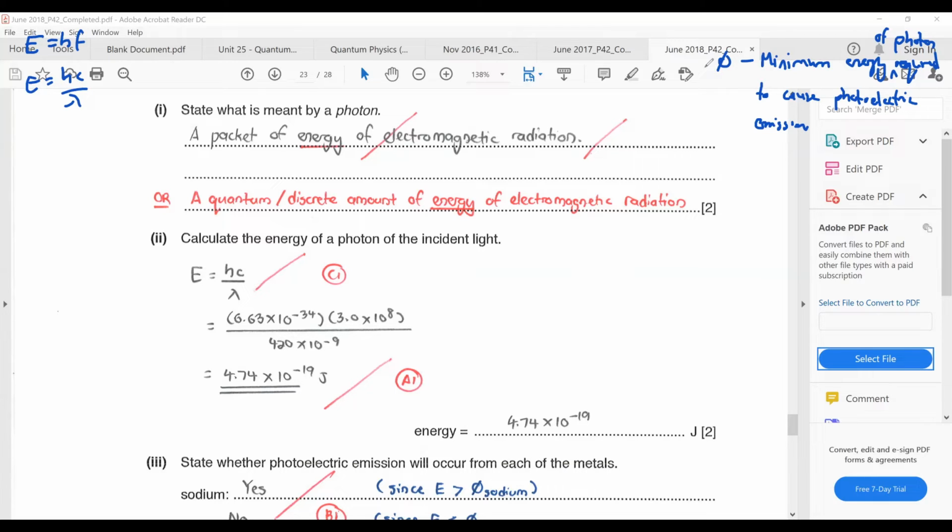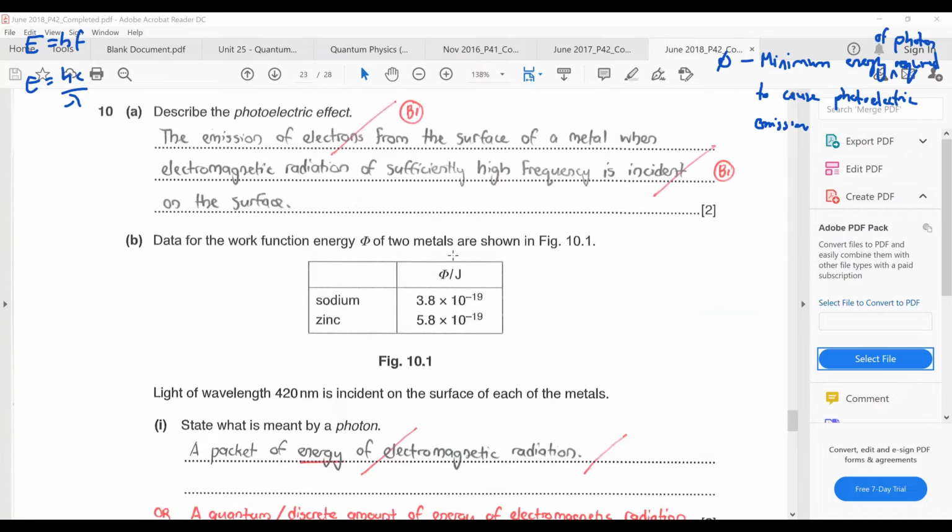So once you've done that, go to part 3. State whether photoelectric emission will occur from each of these metals. They've already given you the work function energy of sodium and zinc, which represents the minimum energy of photon required to cause photoelectric emission.